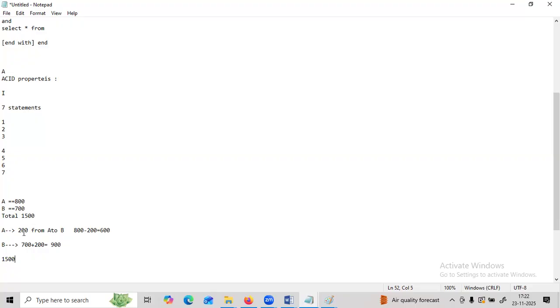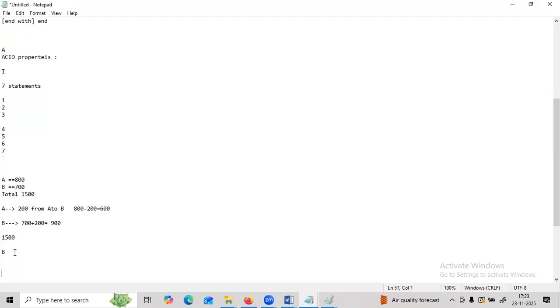The thing is, A transferred the money to B. The money was deducted from A, but B did not receive it. So what will happen?